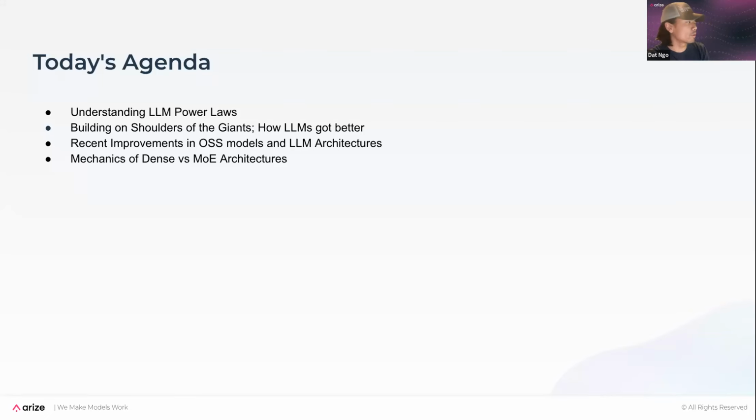We'll go through a journey of what was built before Mistral and Mixtral, and then how LLMs got better. After that, we'll talk about the recent improvements in these architectures in these OSS models and how they're getting better, specifically in Mistral and Mixtral. And we'll also go pretty deeply into the mechanics of not only dense model architectures, but mixture of experts architectures. So that's today's agenda, and let's get started.